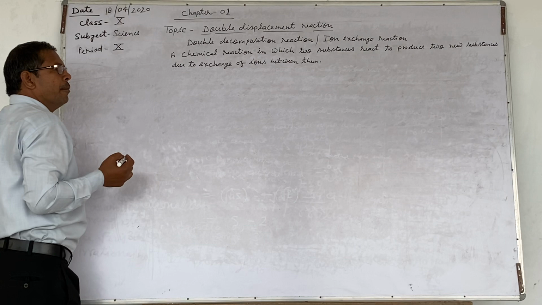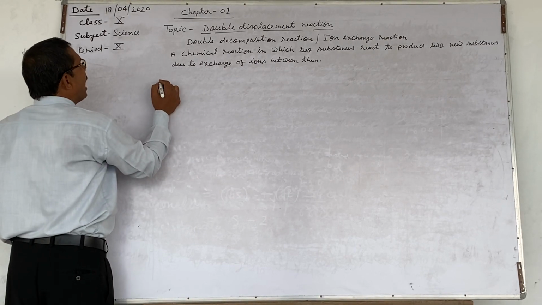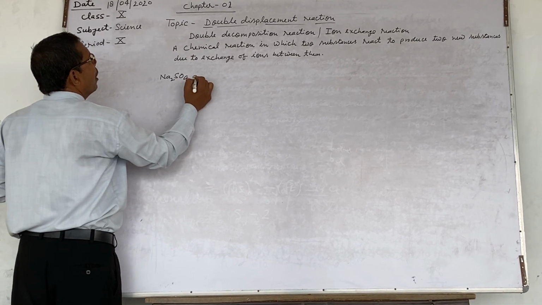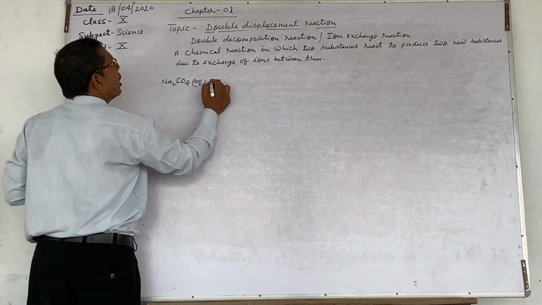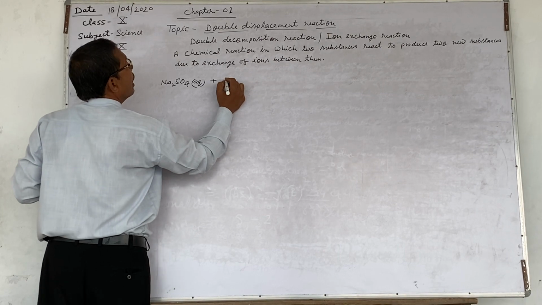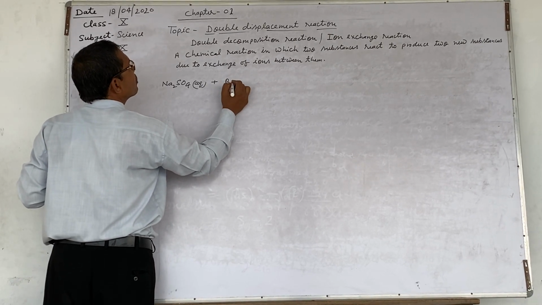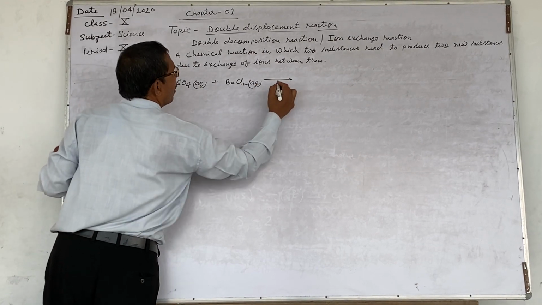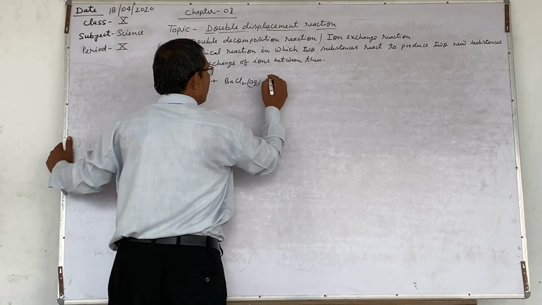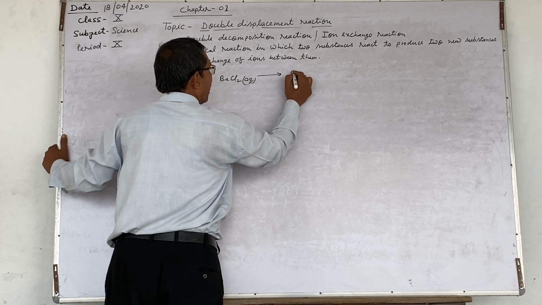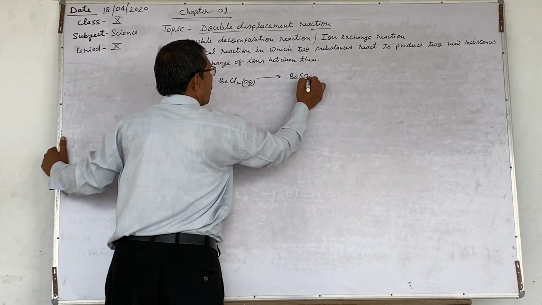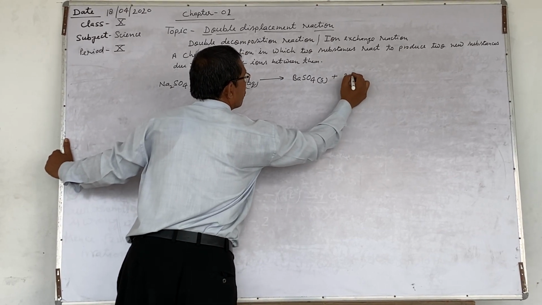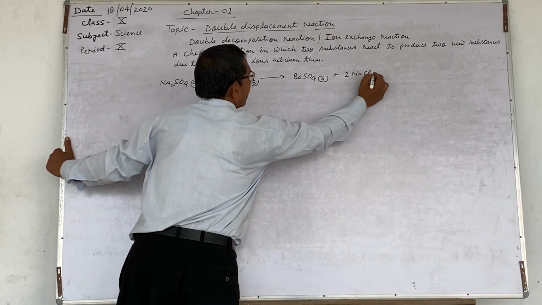Take an example. When aqueous solution of sodium sulfate is mixed with aqueous solution of barium chloride, we get barium sulfate and sodium chloride.